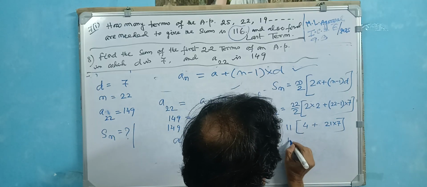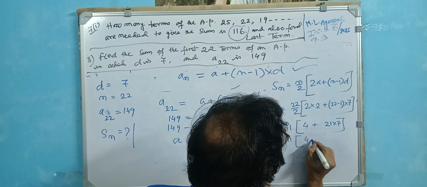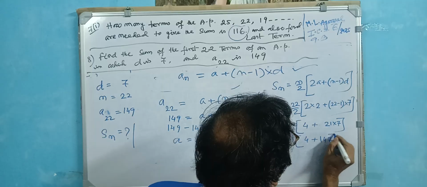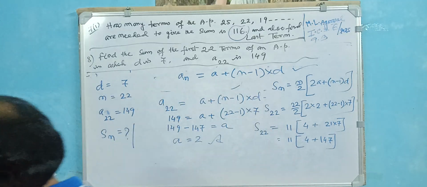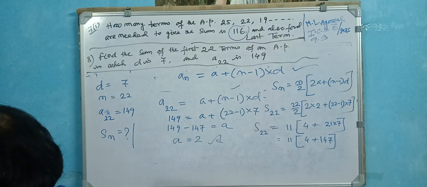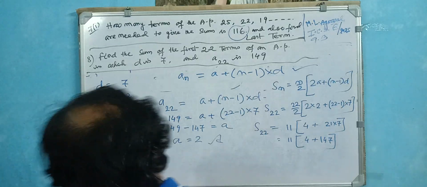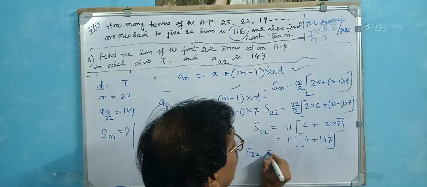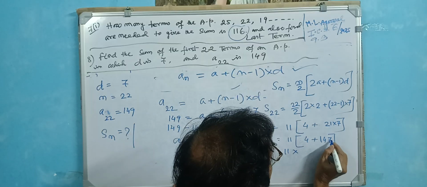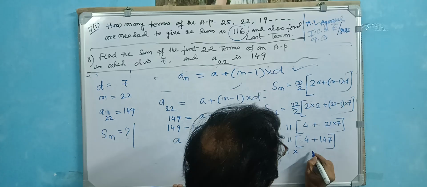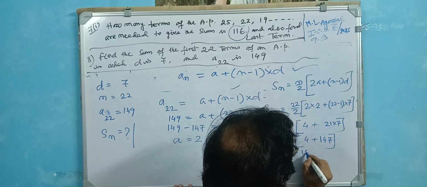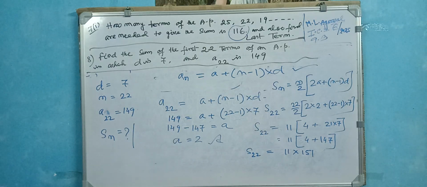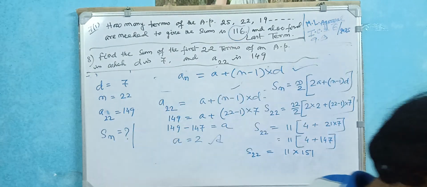That is 11 into (4 plus 147), so S22 equals 11 into 151.